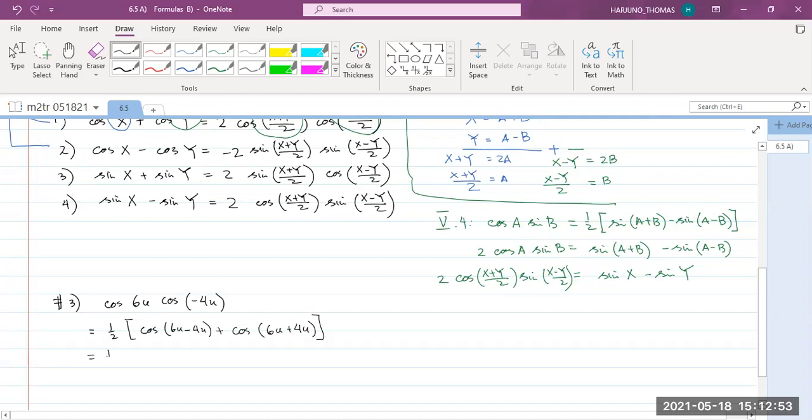That is 1/2 cosine 2u plus 1/2 cosine 10u. That's it.